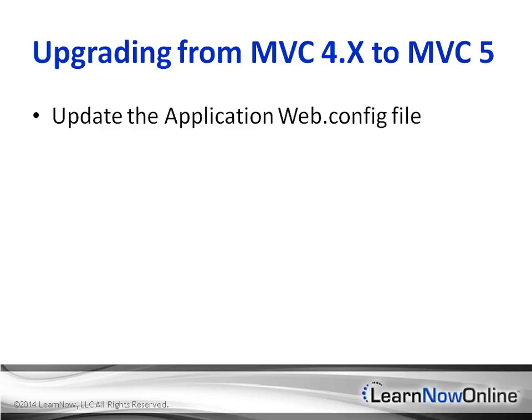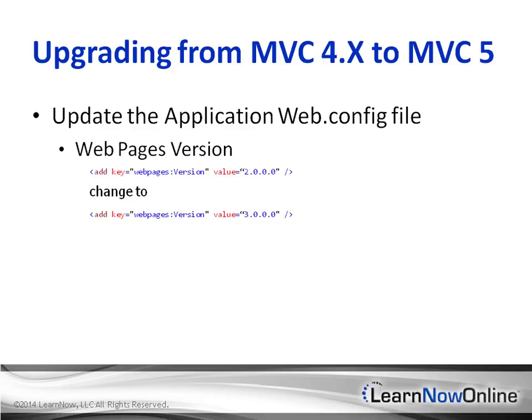After we do the updates to NuGet, we do have to do a little bit of configuration changing, but nothing too complicated. The first thing is we need to update the application webconfig file. We need to change the web pages version from 2.0 to 3.0. MVC5 uses the Razor 3.0 engine, while MVC4 uses the Razor 2.0 engine.